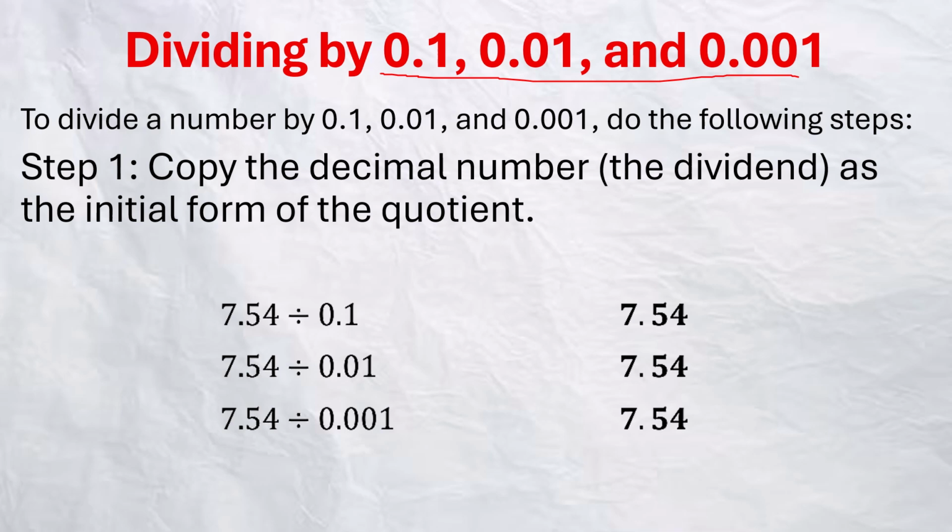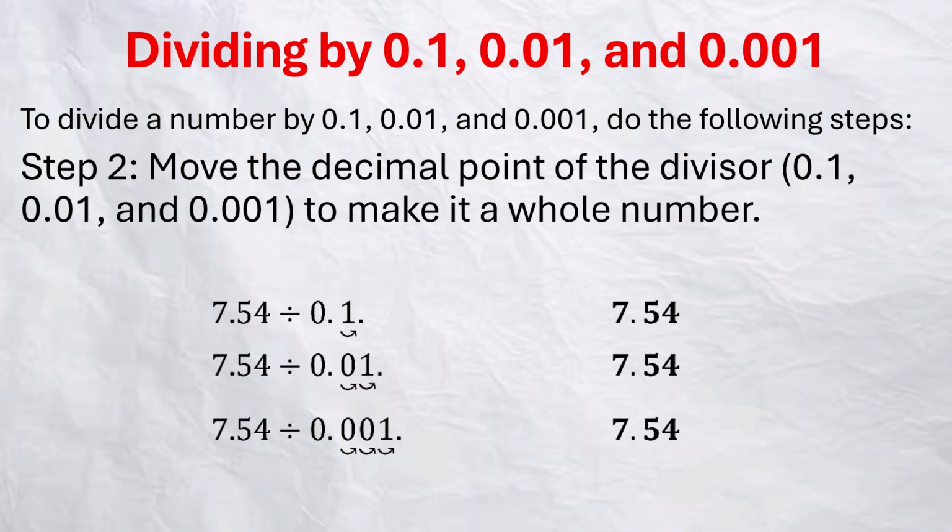For step 1, copy the decimal number, which is your dividend, as your initial form of the quotient. Since our dividend is 7.54, let us just copy it on the right side of our equations. Step 2. Move the decimal point of your divisor to make it a whole number.